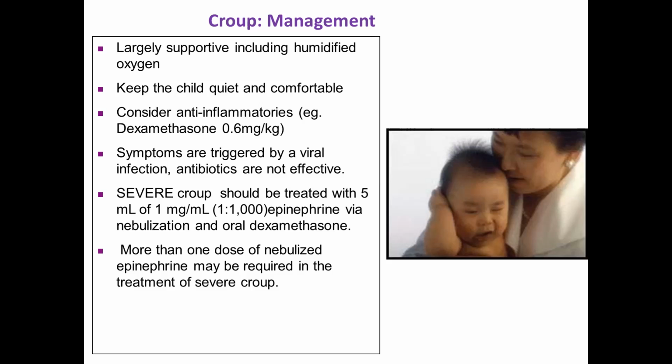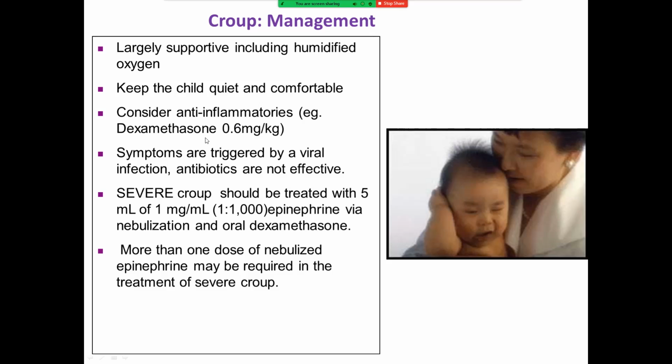Unless we think that the child will need to be intubated, we try not to poke them, because if they start crying, they can really close up their airway. So this is the population that you want to stimulate as little as possible.